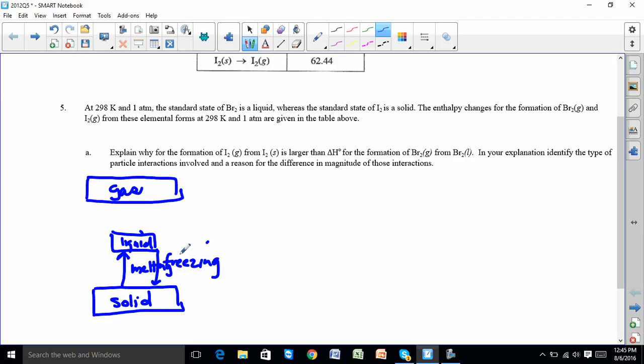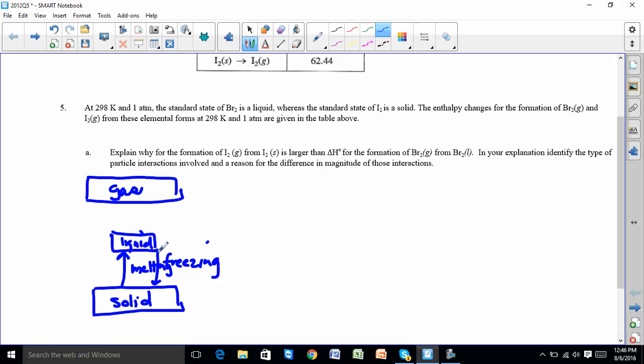I apologize. The heat of fusion is when something fuses, it freezes, but this number and this number are the same. It's just that this is an endothermic process. You have to put energy into a solid to get it to melt.